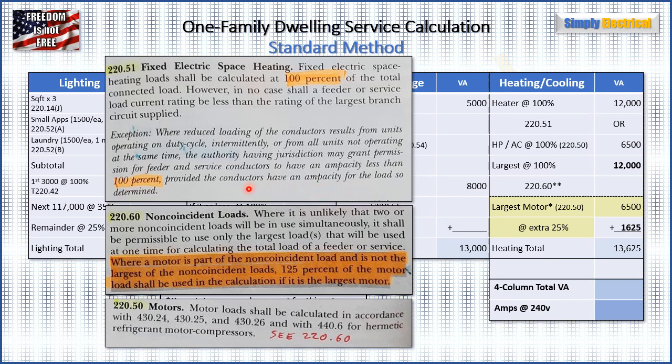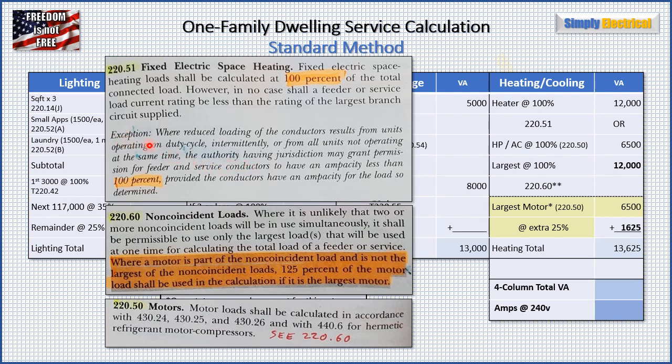I kind of think this should be an informational note instead of an exception, because they're just telling you what may happen. The authority having jurisdiction may grant permission, but really the authority having jurisdiction can do that at any point at any time for any code article. They don't have to even adopt the code, so I don't think this should be written as an exception.